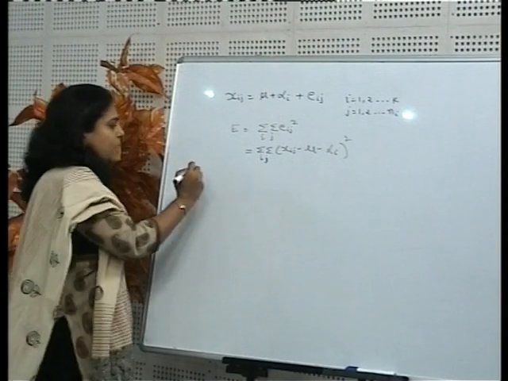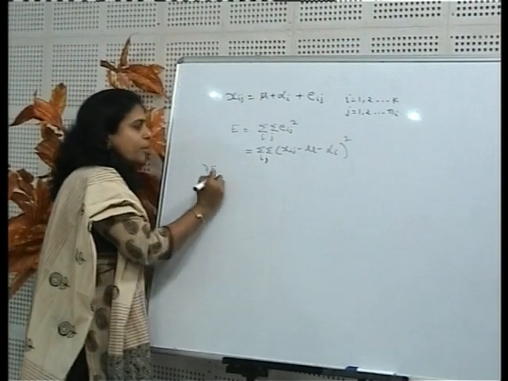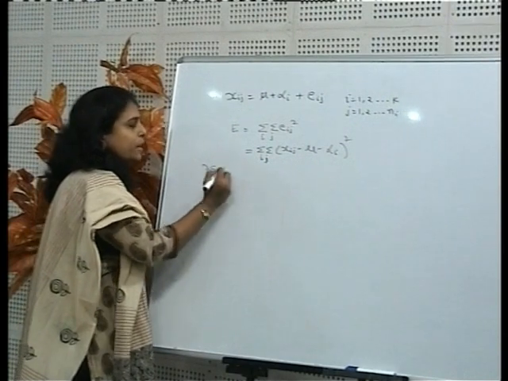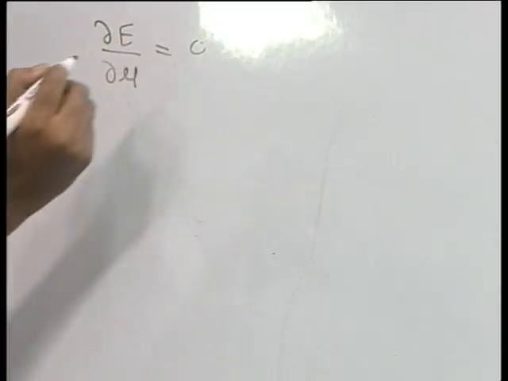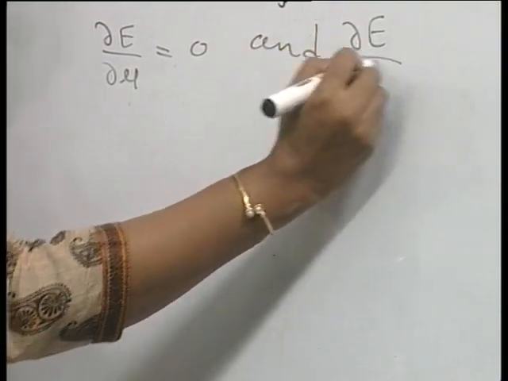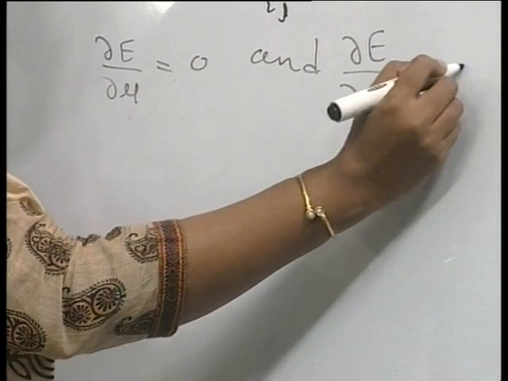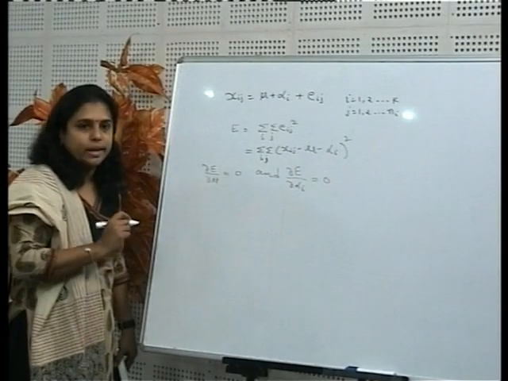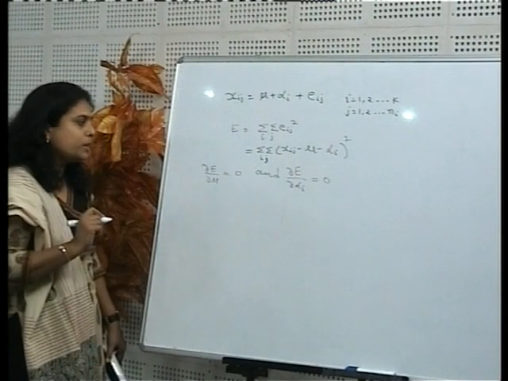The normal equations for estimating the parameters are partial derivative of E with respect to mu equals 0 and partial derivative of E with respect to alpha i equals 0. These are the two normal equations that we have to solve by using the principle of least squares.